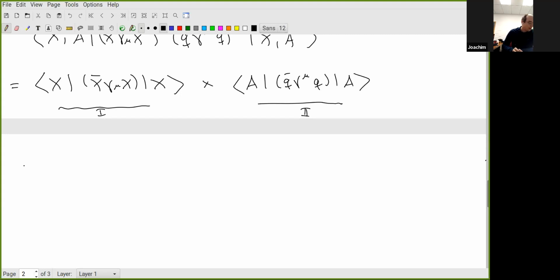And then we can write this matrix element 1 as just given in terms of the spinors for the dark matter, as u bar of p2, r prime, times gamma mu, and then u of p1, r, times another exponential factor.